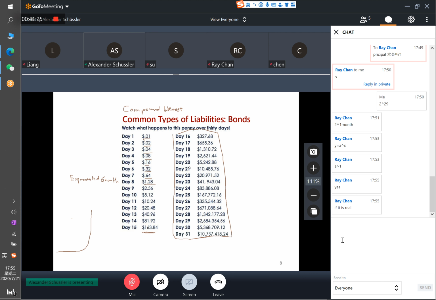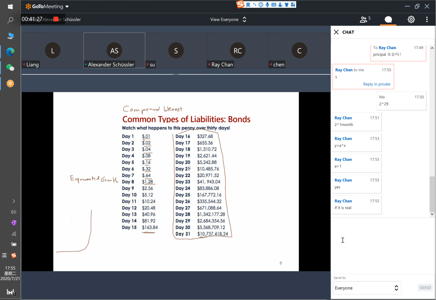Exactly. This is compound interest, and you have a very high interest rate. The interest rate here is 100%, and this is not 100% per year, but 100% per day, because you have a doubling.